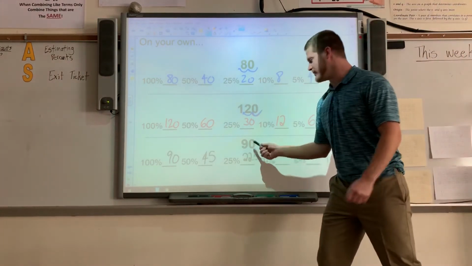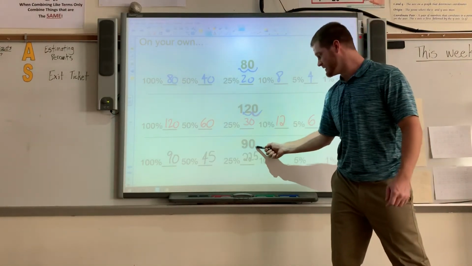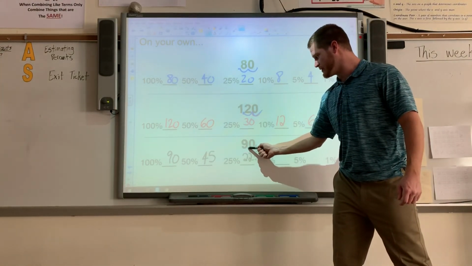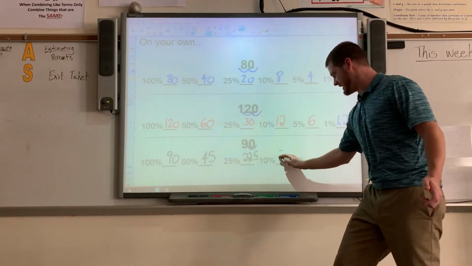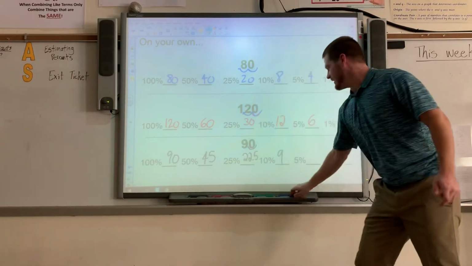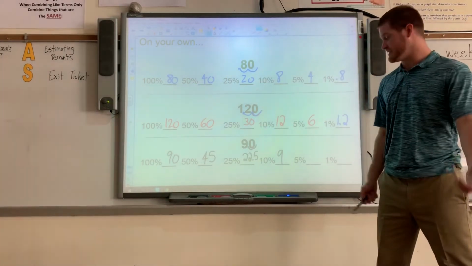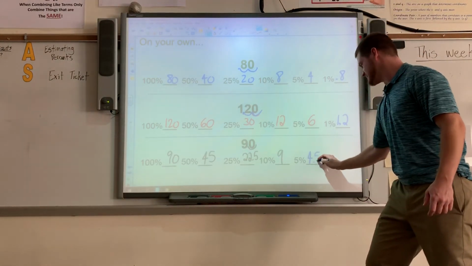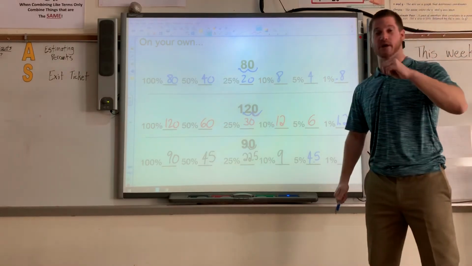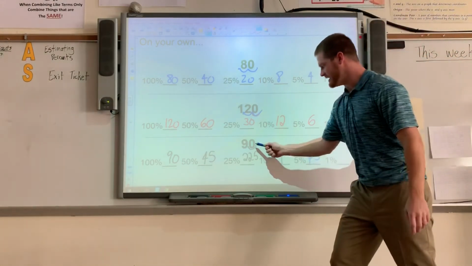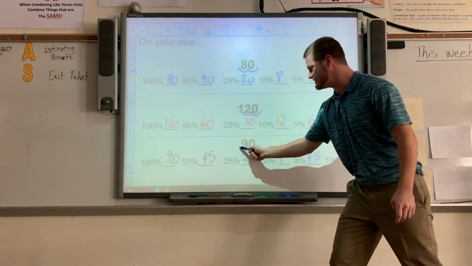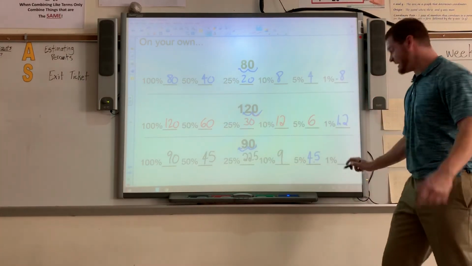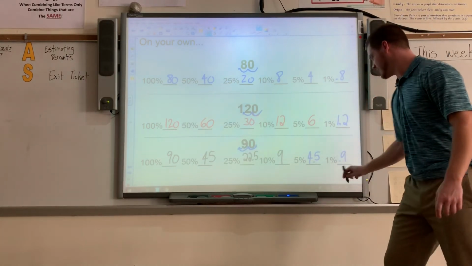Remember, 10%, we go back to the original number, move the decimal once. So that would land right between the 9 and the 0. 9.0 is 9. 5% is half of 10%, so half of 9 is 4.5. And last but not least, finding 1%. We got to move that original decimal twice. It's at the end. 1, 2, gives us 0.90, aka 0.9.